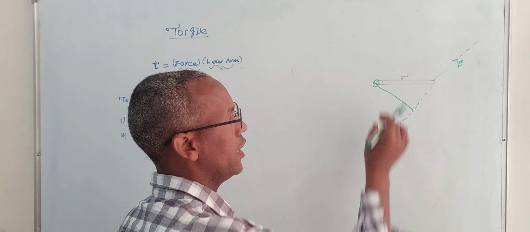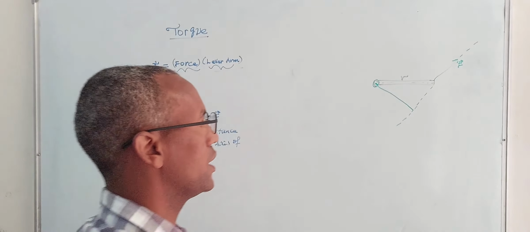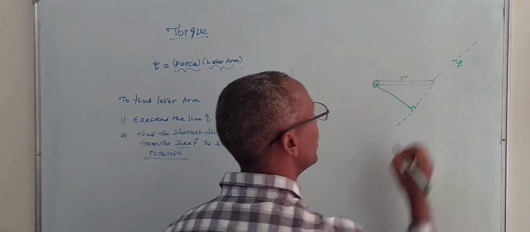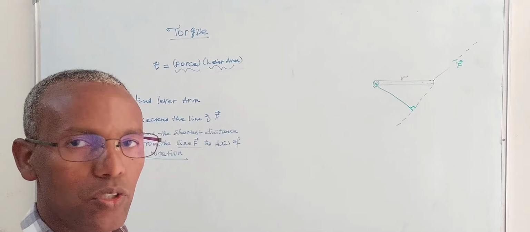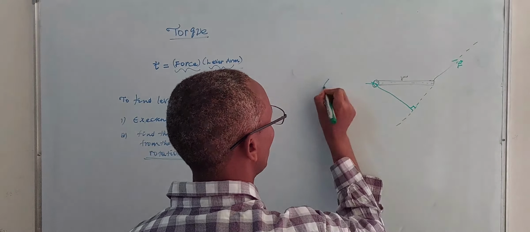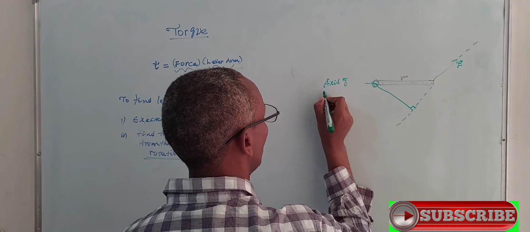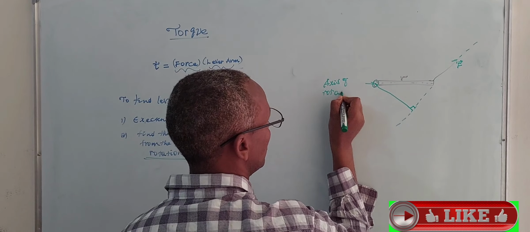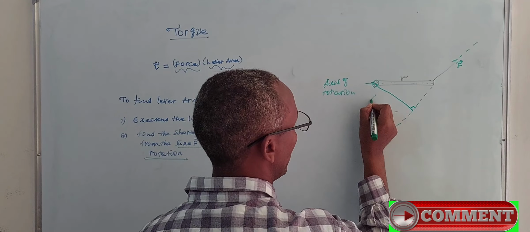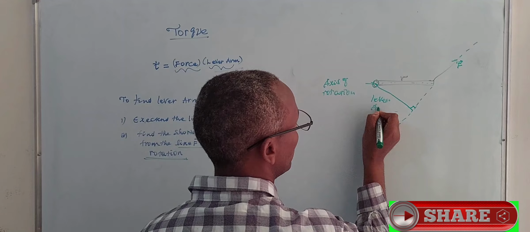So basically this line is the lever arm, which is perpendicular to the force, okay? Like I said, this is the axis of rotation, and this one is the arm, which we call the lever arm, okay?